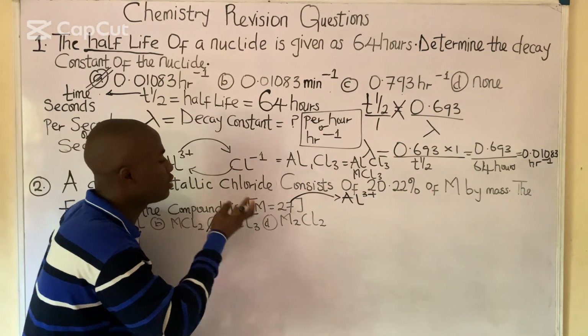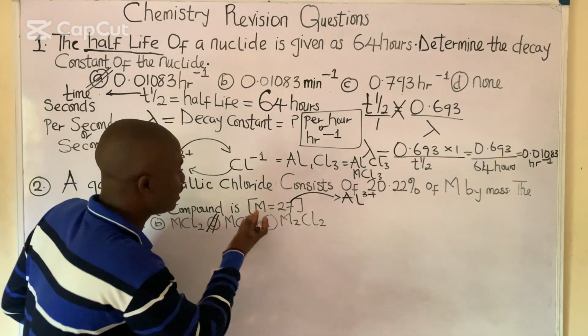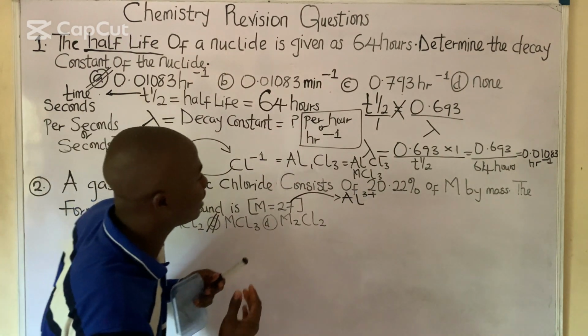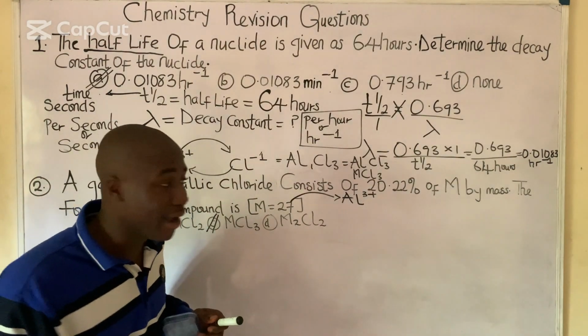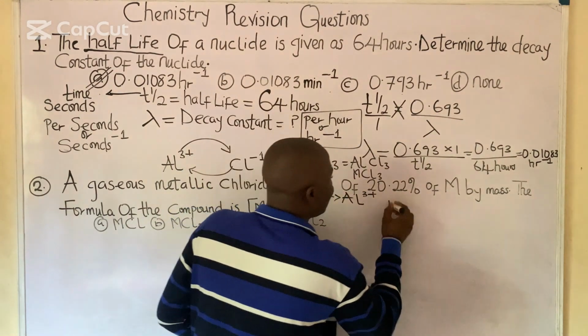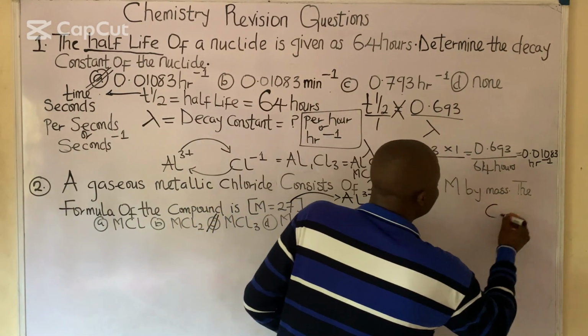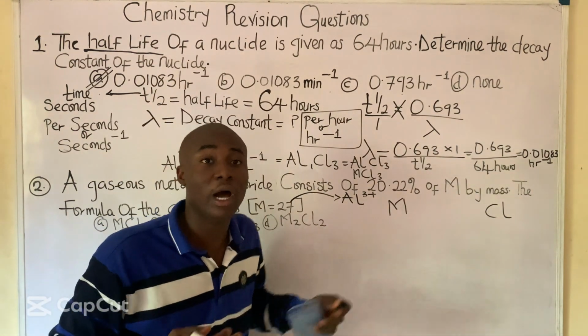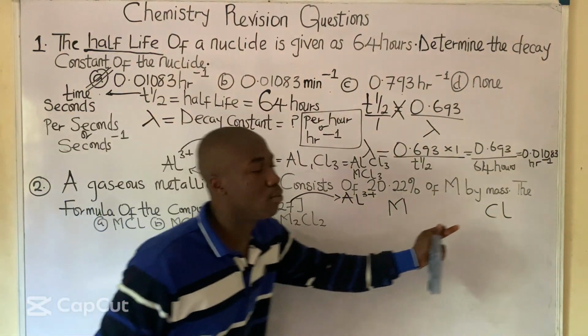We have to know various elements and their atomic masses, and this is one for aluminum. So let's solve. They said that a gaseous metallic chloride contains 20.22% by mass of M. So it means that it's between two elements, M and Cl, which is chloride. When you just hear chloride, you know that it's chlorine they're talking about. If you hear fluoride, here becomes fluorine.